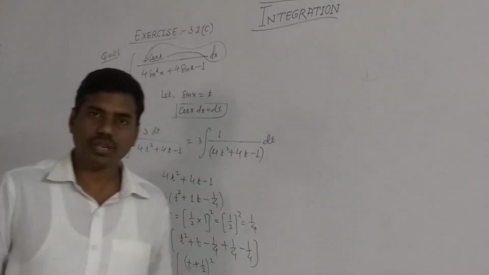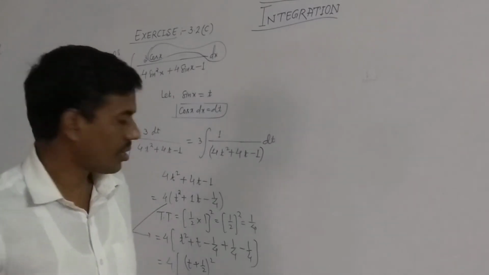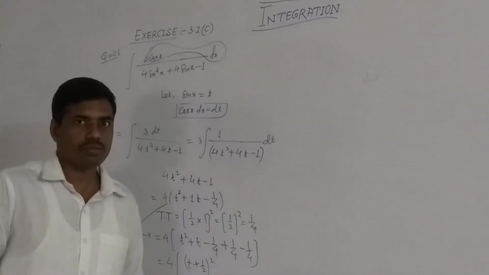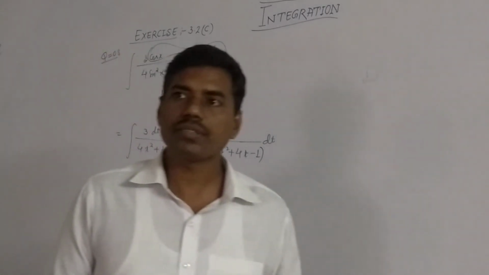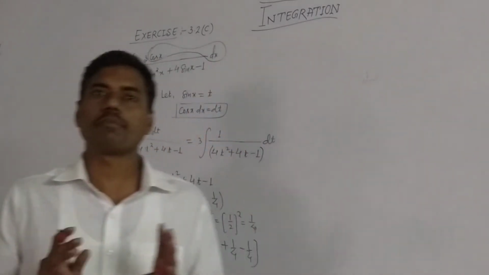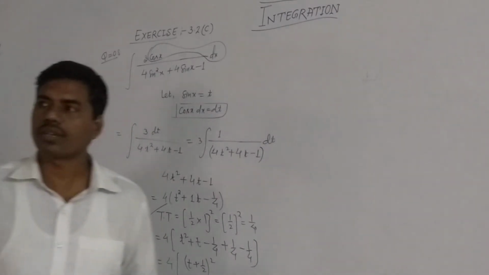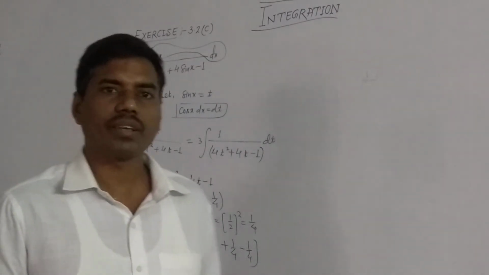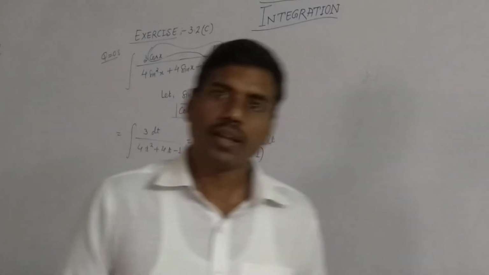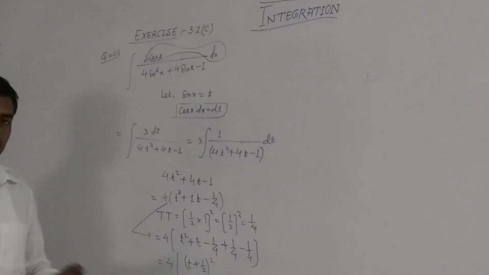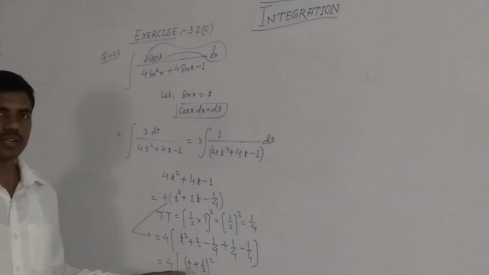Since a plus b to the whole square is a square plus b square plus 2ab, there are 3 terms in a plus b to the whole square, so 3 terms are present here.